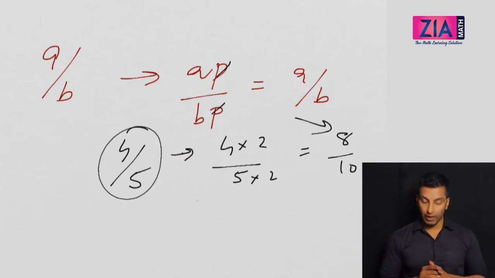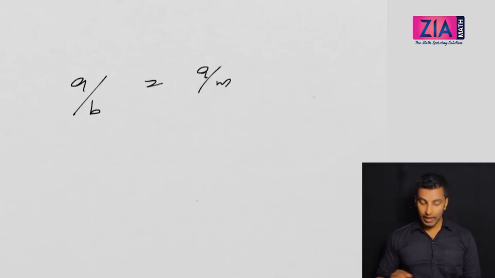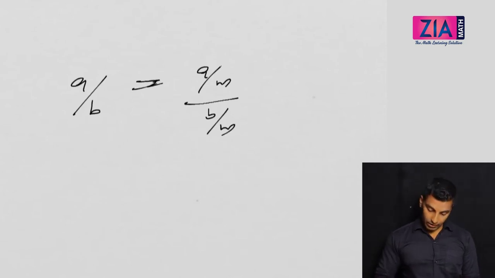That's the property. And the same way the reverse: you have a ratio A by B. If you divide A with a number and you divide B also with the same number, then the ratio will be the same. It's like A divided by M and B divided by M, so these two will be equal, because M gets cancelled out anyway. Suppose you have a ratio 4 by 6.